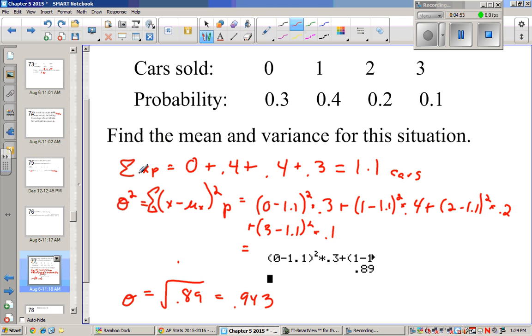And so on. So here we found the mean, variance, and standard deviation. Now that's a long way. Now on an AP exam free response, they expect you to be able to show this work.